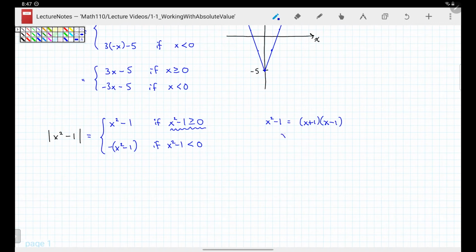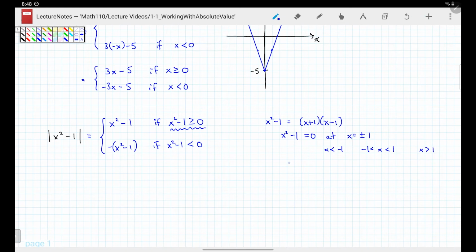X squared minus 1 is equal to 0 at x equals plus or minus 1, right? This gives us a 0 at x equals negative 1, and this gives us a 0 at x equals positive 1. So we could break down for x less than negative 1, for x between negative 1 and 1, and for x greater than 1.